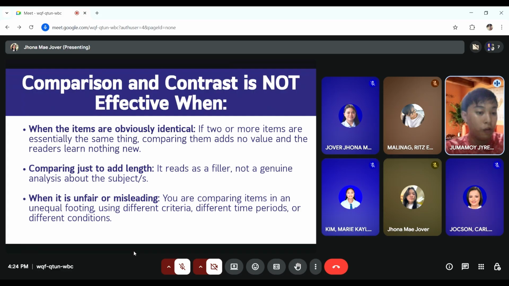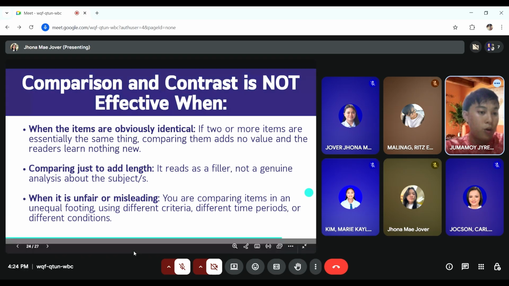So let's move on to number three. When it is unfair or misleading, you are comparing items on an unequal footing, using different criteria, different time periods, or different conditions.